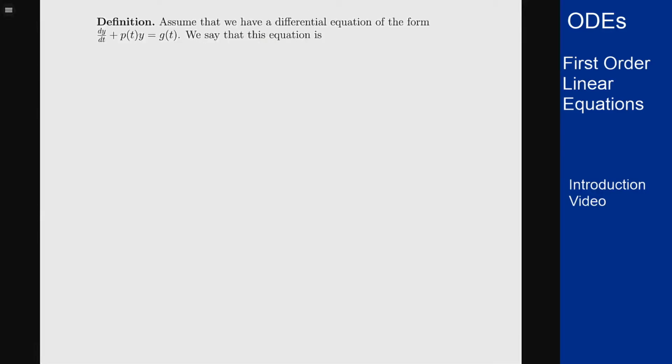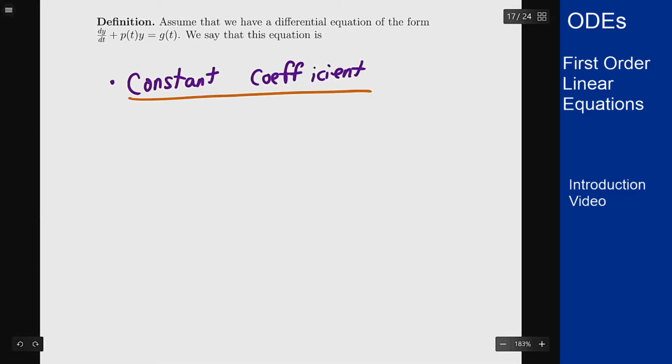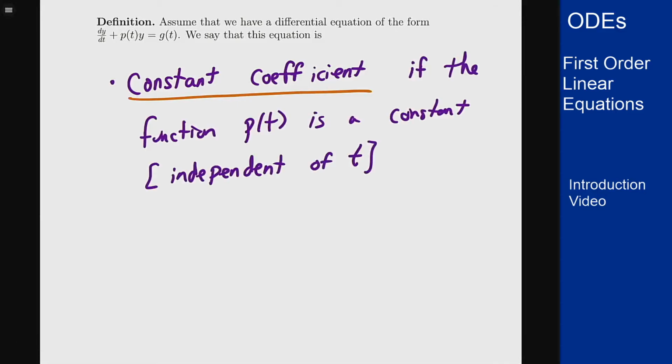Now, some definitions. If we have this first order linear differential equation, we say that it is constant coefficient if this function p of t is a constant and doesn't change depending on t. That is, if the coefficient of y in this equation is a constant. Otherwise, it's non-constant coefficient.